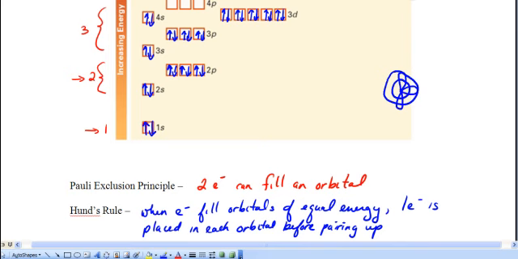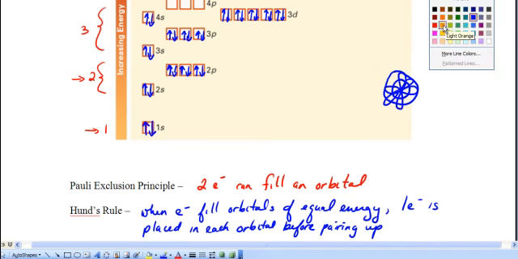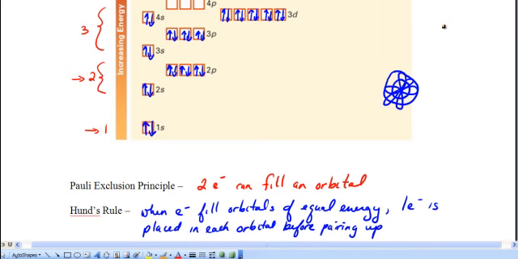You'll put 1 in here, 1 in here, and 1 in here, and then you go back and pair them up. Once you fill up the second energy level, you move on to the third energy level, which means you put 1 or 2 electrons in the 3s. Then you place 1 electron in each 3p before going back and pairing them up.